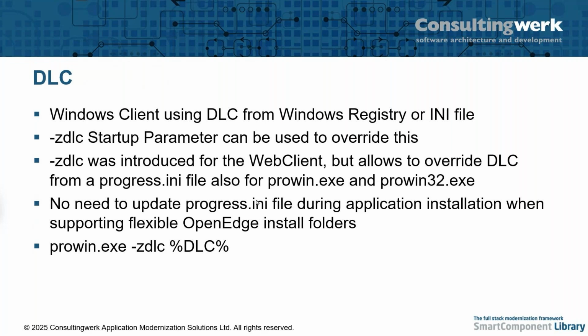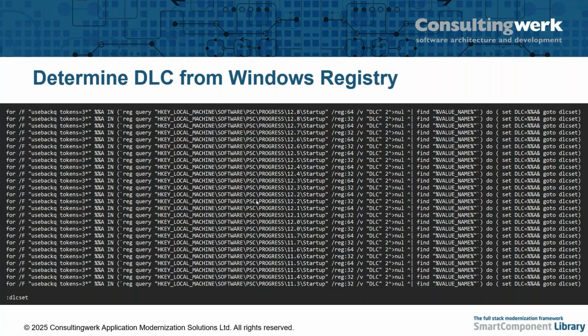Then what we use for clients or scripts or whatever way we want is basically a self-configuration of where DLC is located. On Windows, you can use a Windows batch file to read values from the registry. It's an awful long line, and don't ask me to explain what it does.